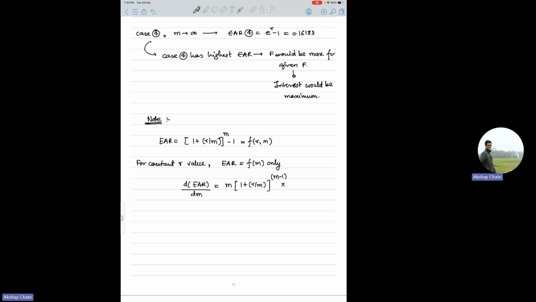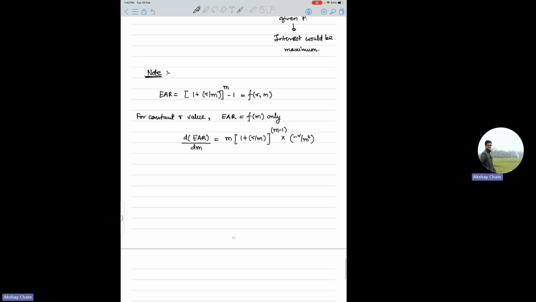So 1 is gone, so R by M, that will be minus R by M square, and minus 1 goes away. Basically I'm using the chain rule of differentiation.